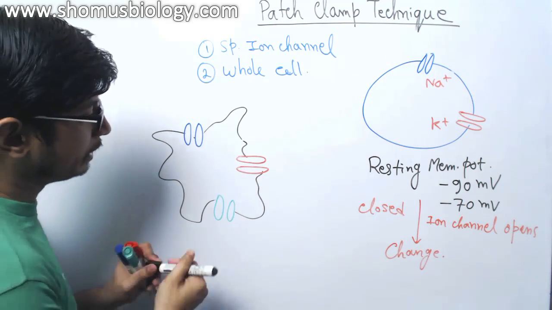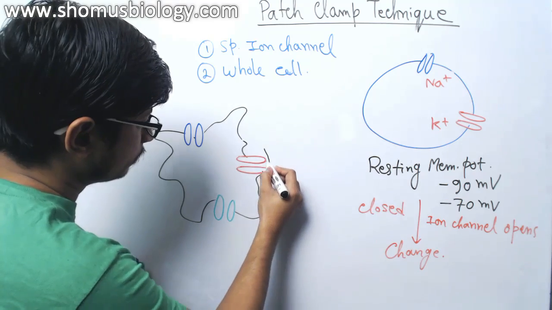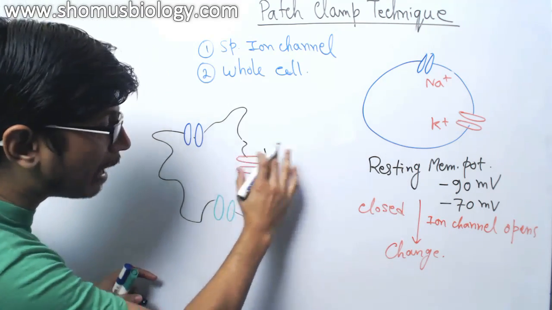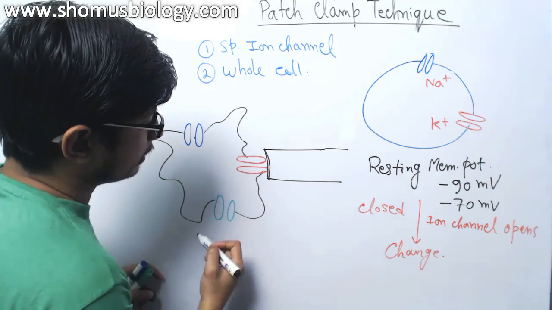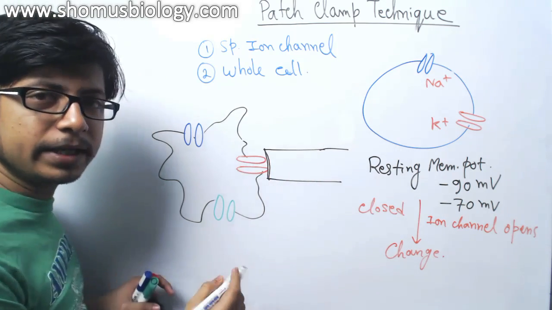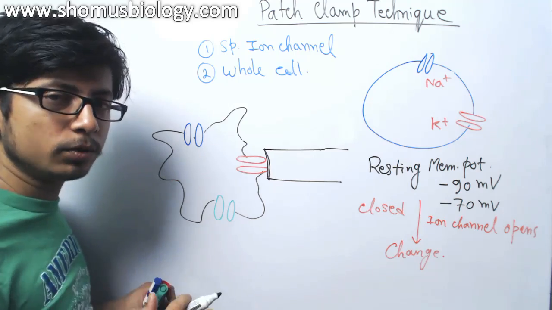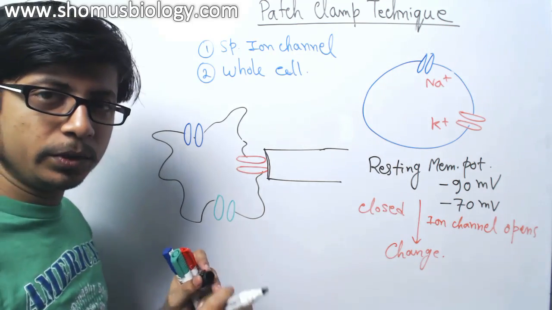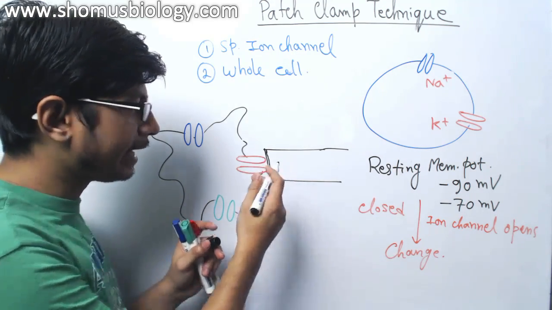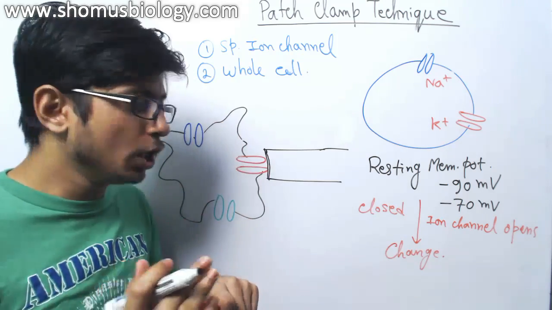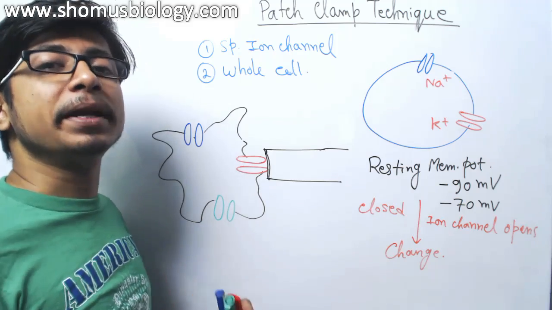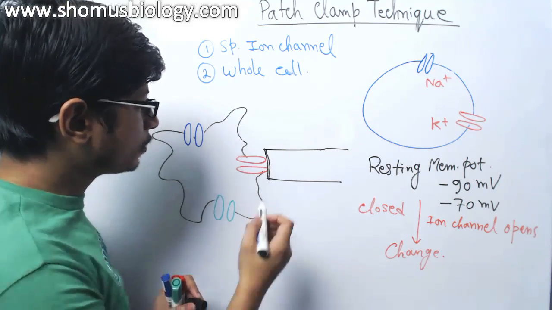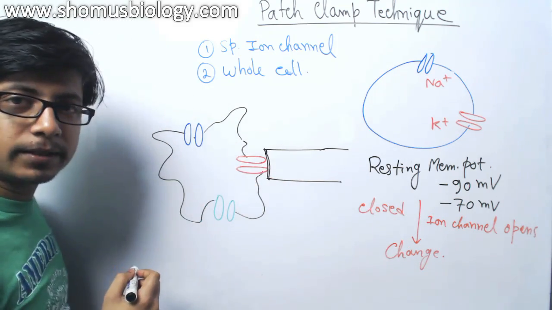Let's assume this is the pipette, and the mouth of the pipette is smoothed down with heat. We heat this pipette so that the end becomes very smooth, so that it can properly interact with the surface of the cell membrane. So that pipette will be in direct contact.